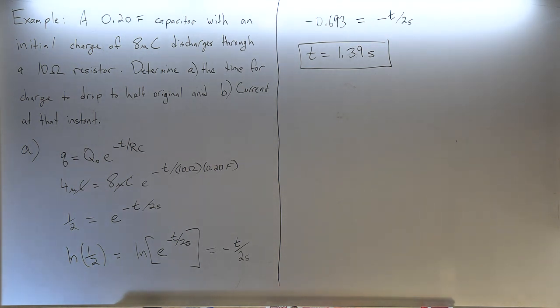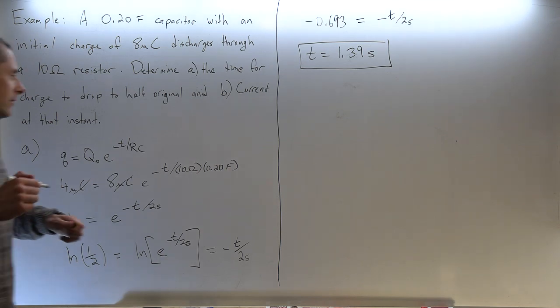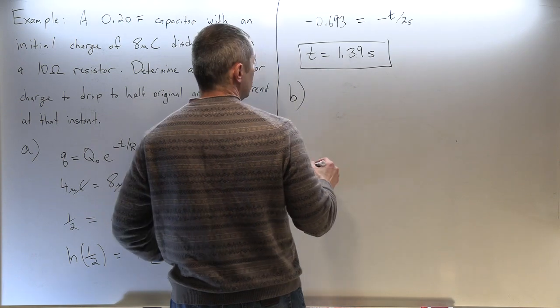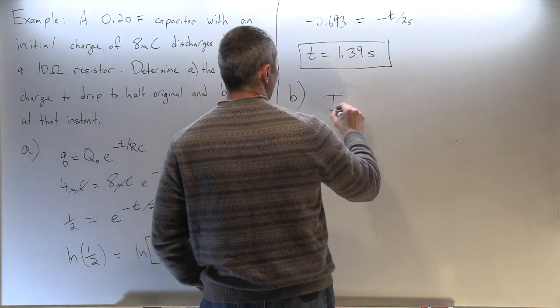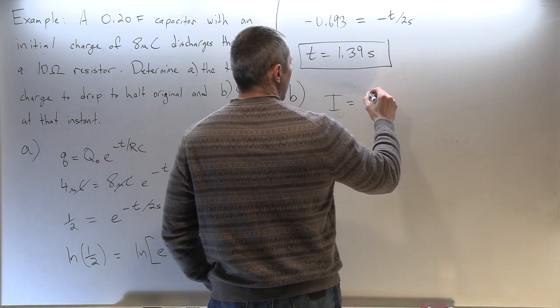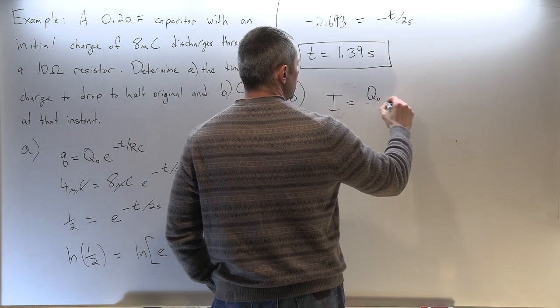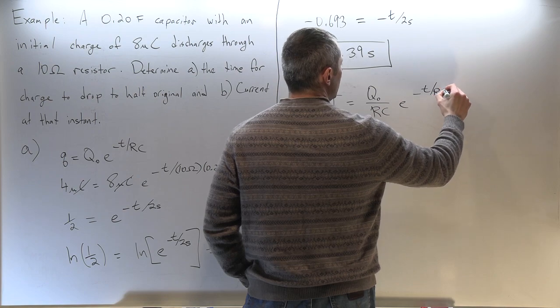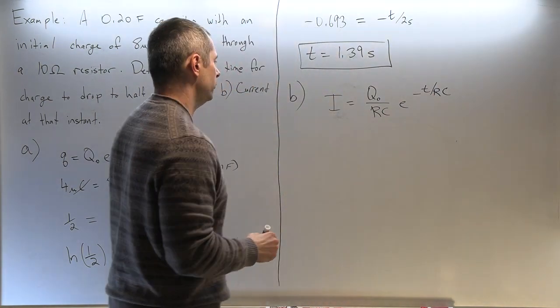Part B, determine the current at that instant. So B, we have to get the current expression. I equals I0, which is the original charge over RC, e to the minus t on RC. Again, it's a formula that I just erased.